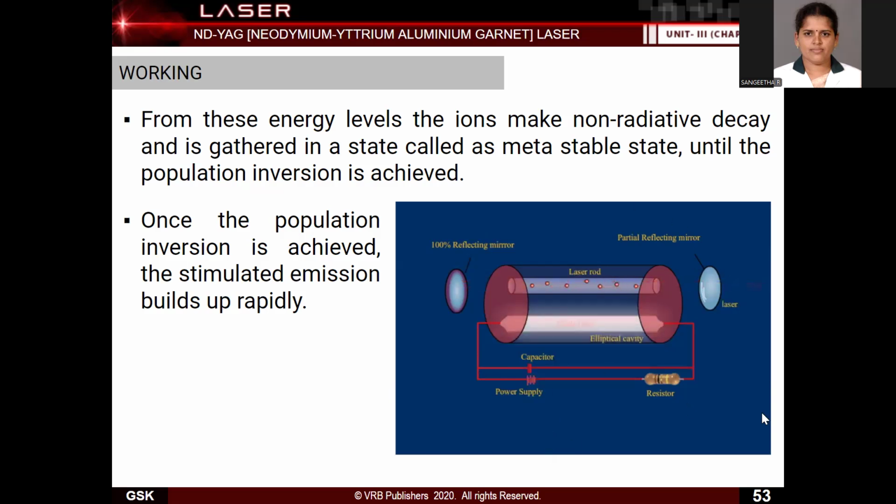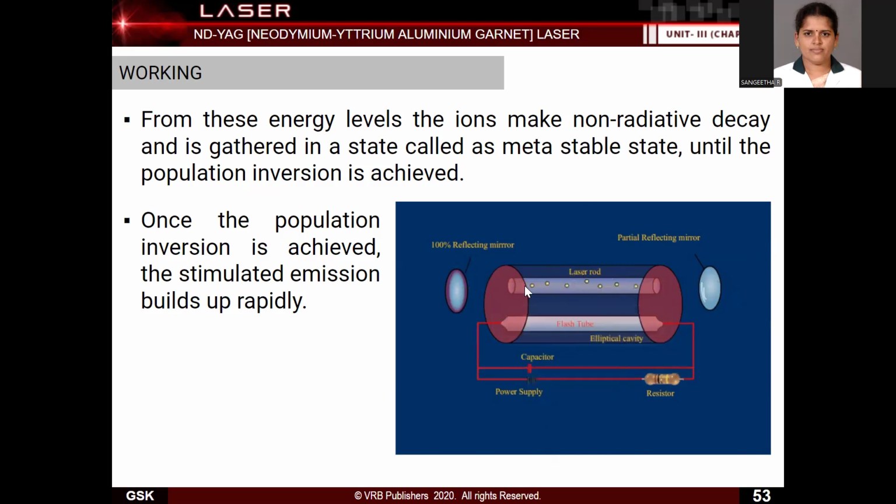This is the animation video of an Nd-YAG laser. See here, now the flash lamp is switched on. When the flash lamp is on, the photons of light react with the electrons in the laser rod.